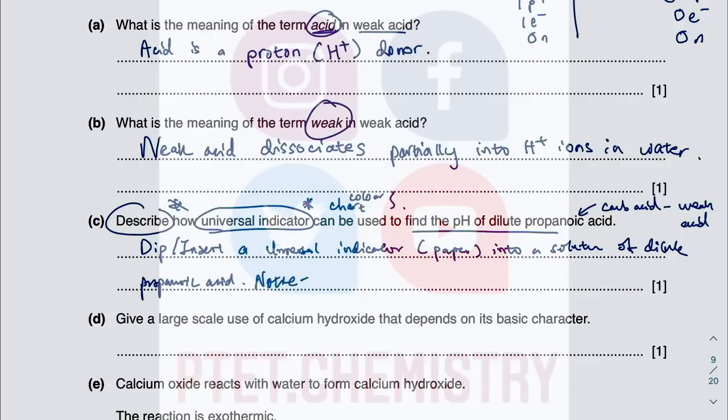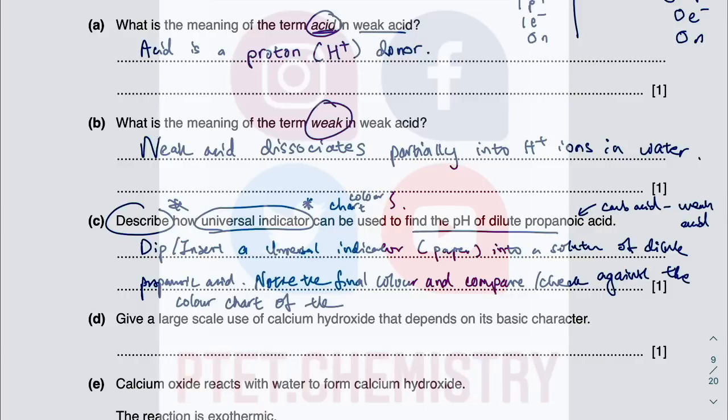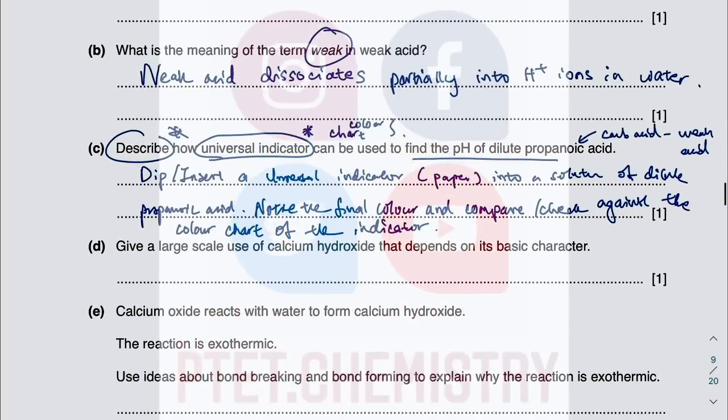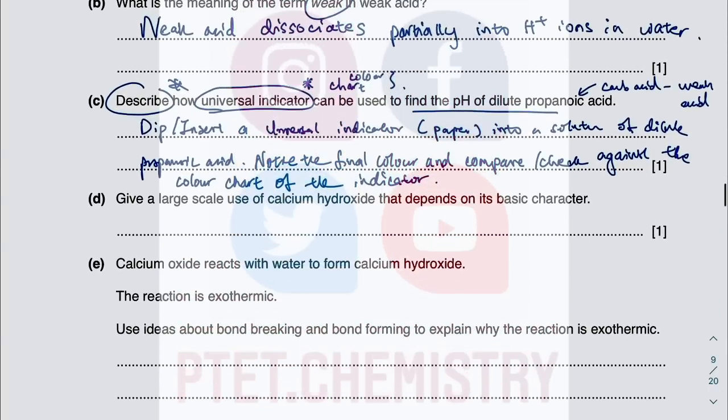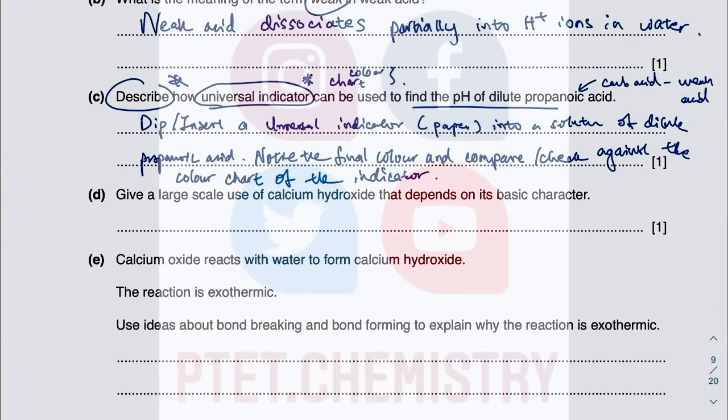Note the final color, and then compare or check against the color chart of the indicator. They always come in like a box, with a color scale. It will tell you roughly the pH. It's not the most accurate thing in the world, but it will roughly tell you the correct pH.